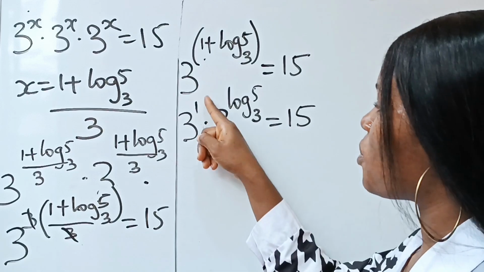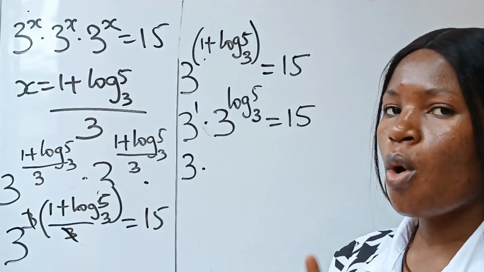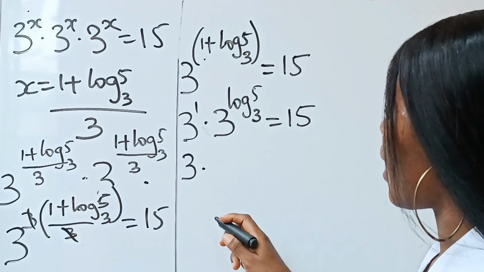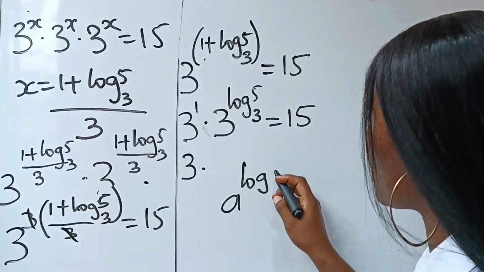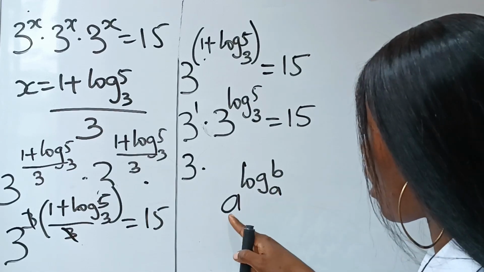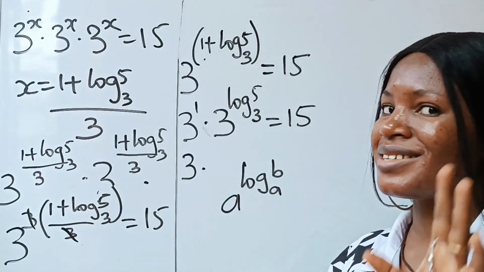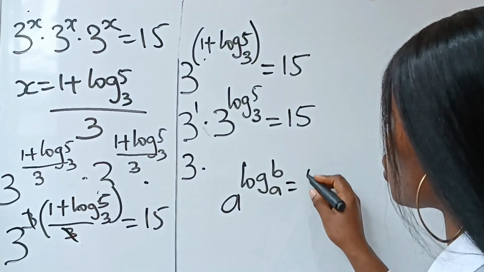Now 3 to the power of 1 is 3, multiplied by, now when you have a to the power of log b base a, once the two bases are the same, then your answer is b.